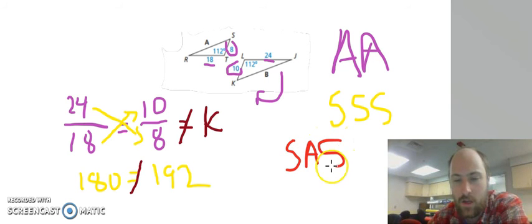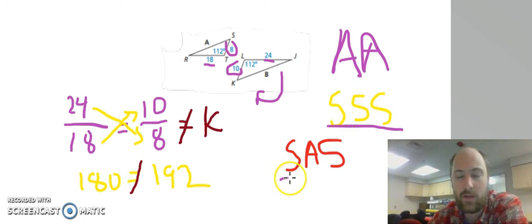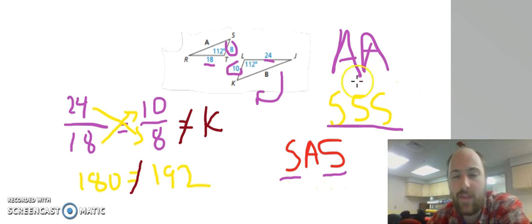Remember these sides mean proportionate sides. Anywhere there's an S, we're looking for a constant proportion or dilation factor, and then the angles must be congruent. So by using these three different theorems, we can prove beyond any doubt that two triangles are or are not similar. All right, take it easy.